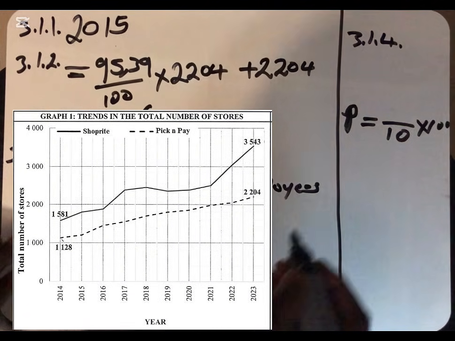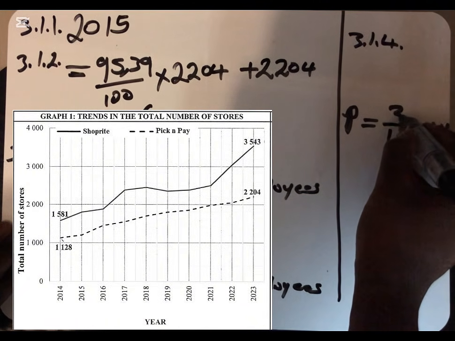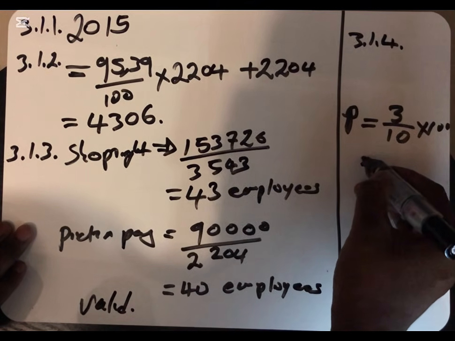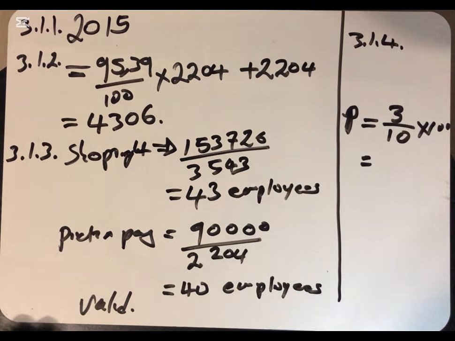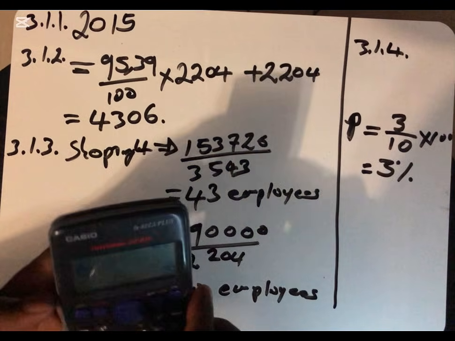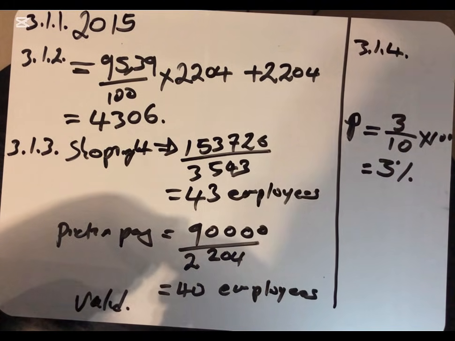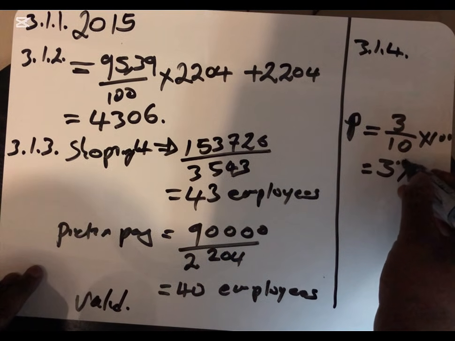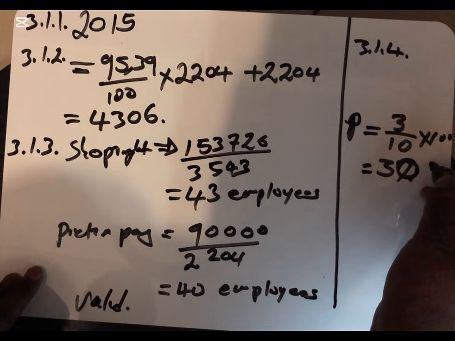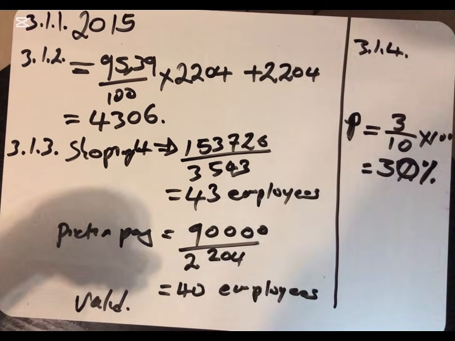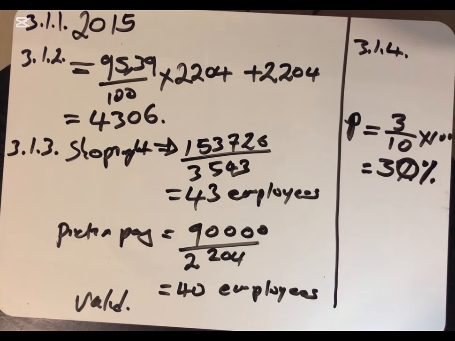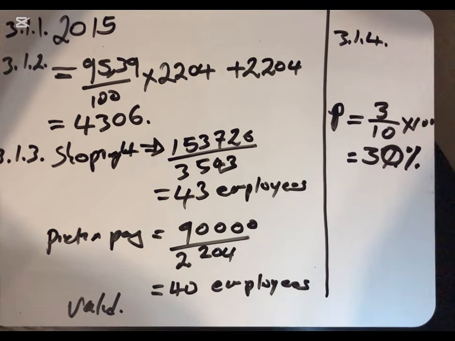So we're going to say 3 times. It happened 3 times. So it's 3 over 10 multiplied by 100. It's 30%, not 3%. Let's move to the next question.